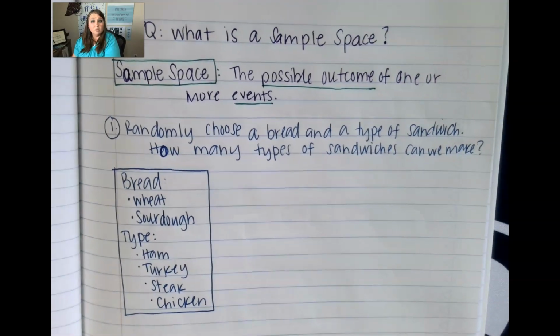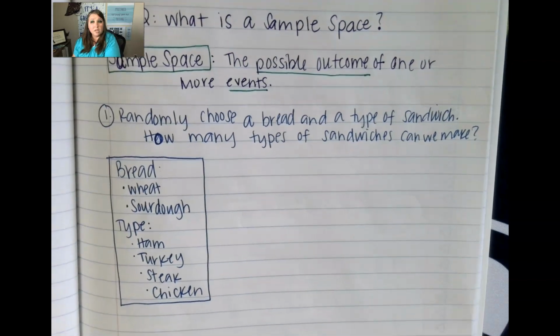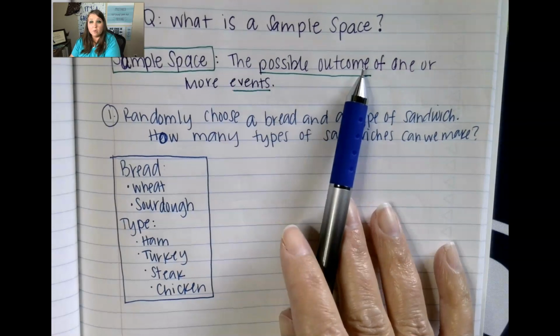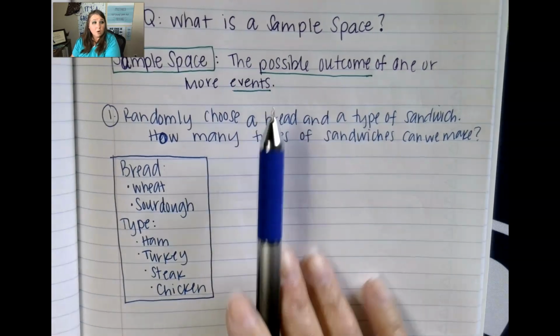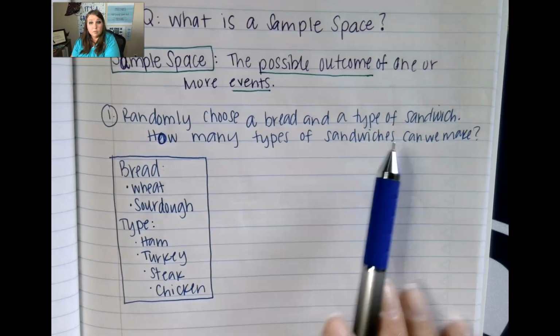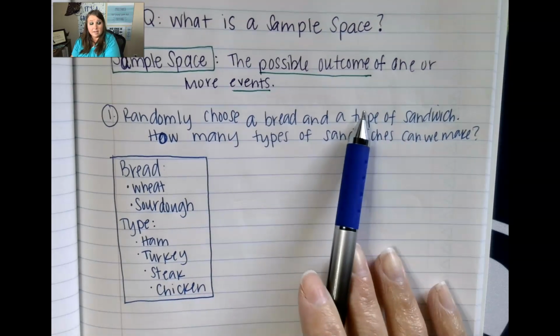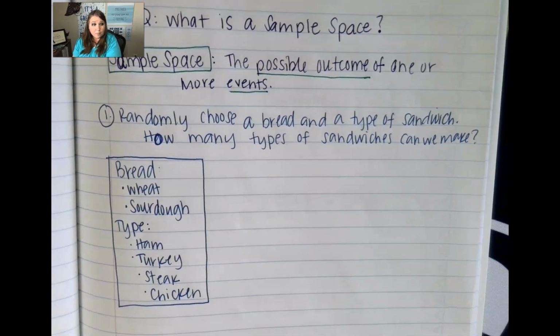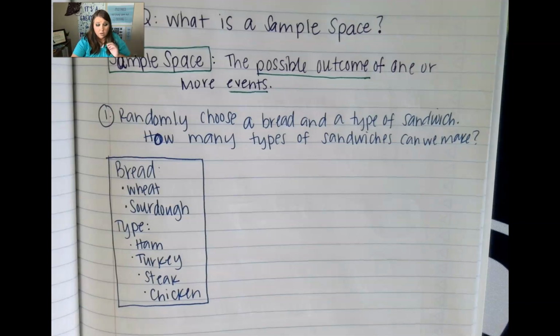So once you start looking at this, there's different types of combinations. The sample space is the possible outcomes of the event. The event is making sandwiches using bread and a sandwich type. So we want to know what are the options, what are the outcomes that we could have.